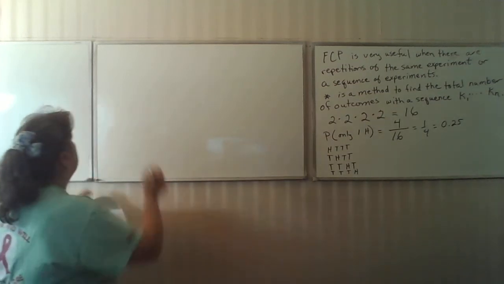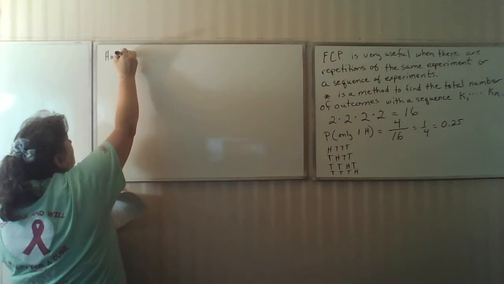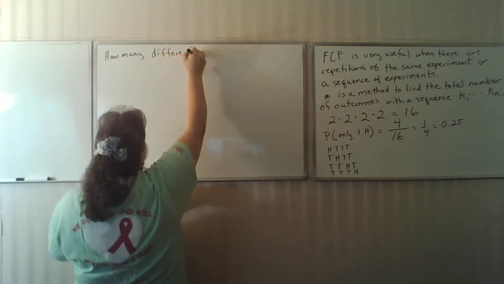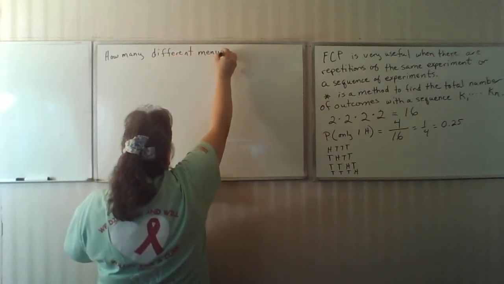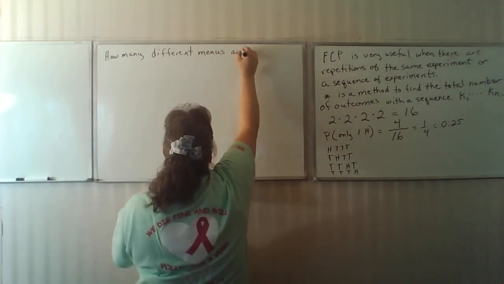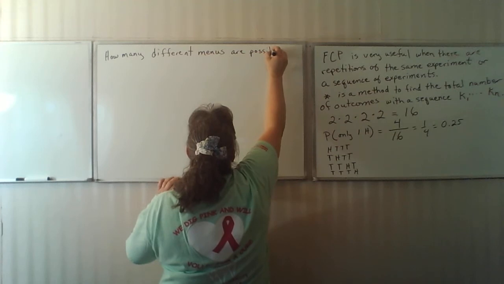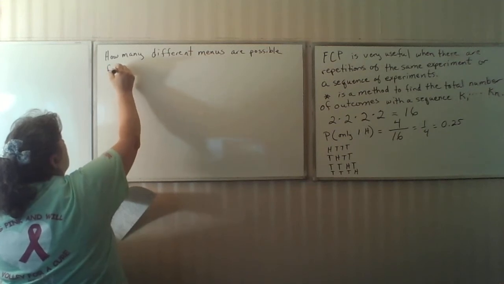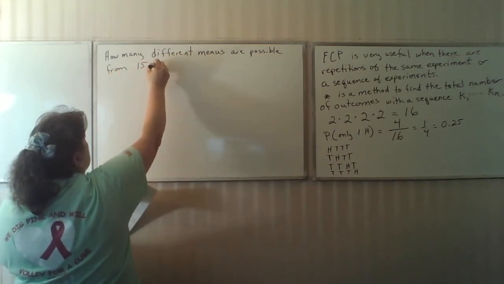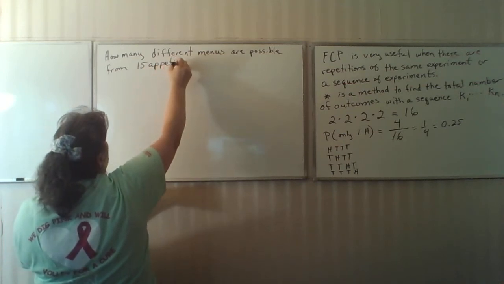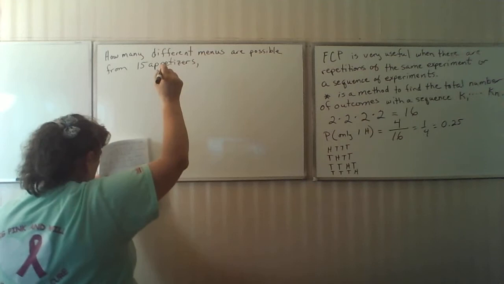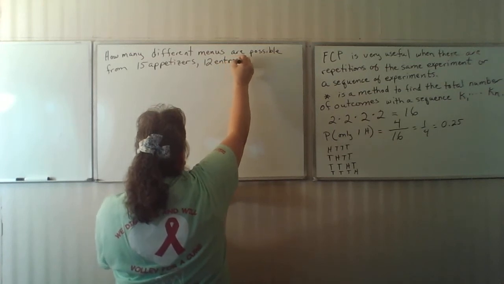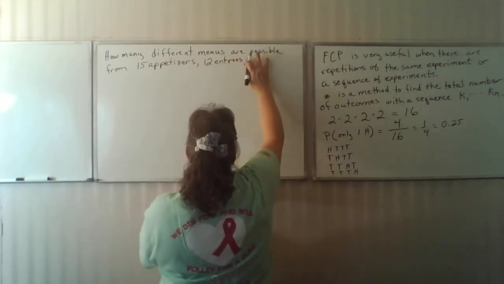So here would be a series. How many different menus are possible from 15 appetizers, 12 entrees, and 8 desserts?